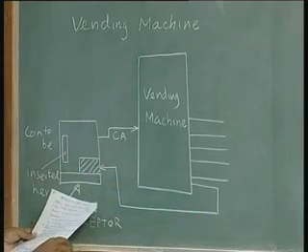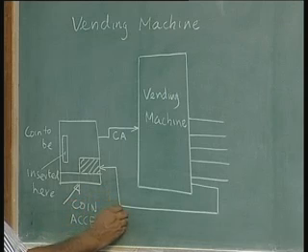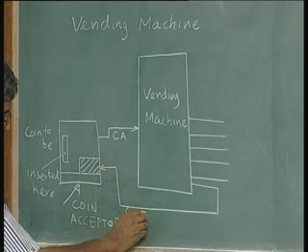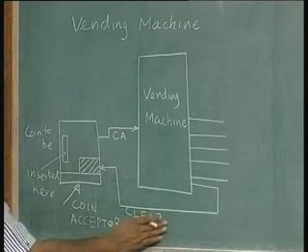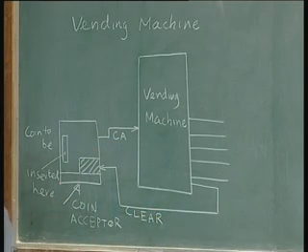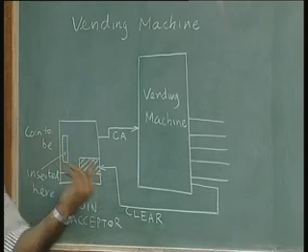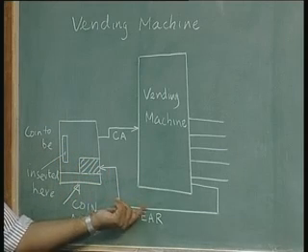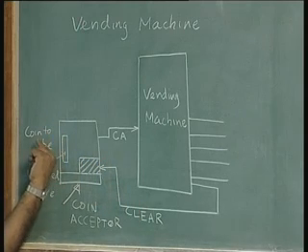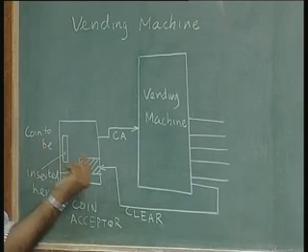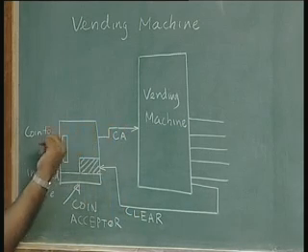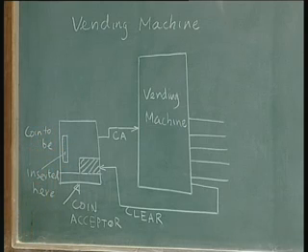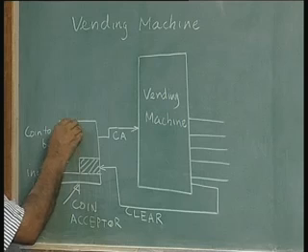So, I should have a clear signal so that the next coin is accepted. Until the clear signal comes, it will not accept the next coin. Only when the clear signal comes, this coin accepted signal will disappear and the machine is ready for the new coin. So, the clear can even be linked with a ready lamp.